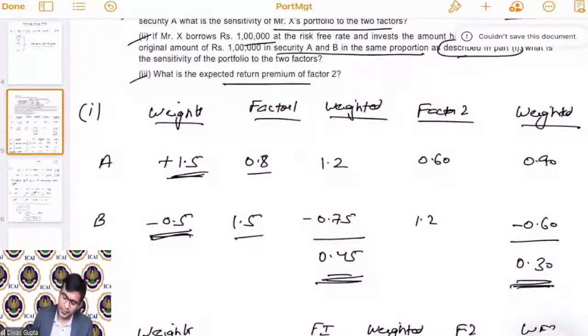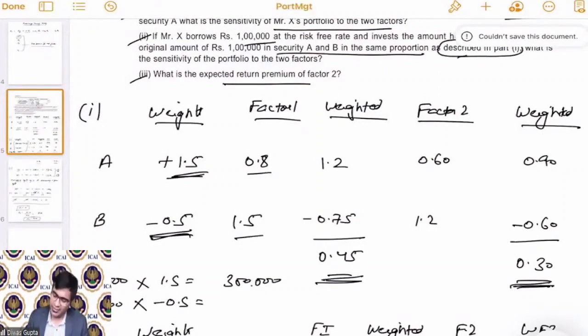Now 2 lakh for 1.5 comes out as how much? 3 lakhs. And 2 lakh multiplied by negative 0.5 comes out as how much? 1 lakh negative.